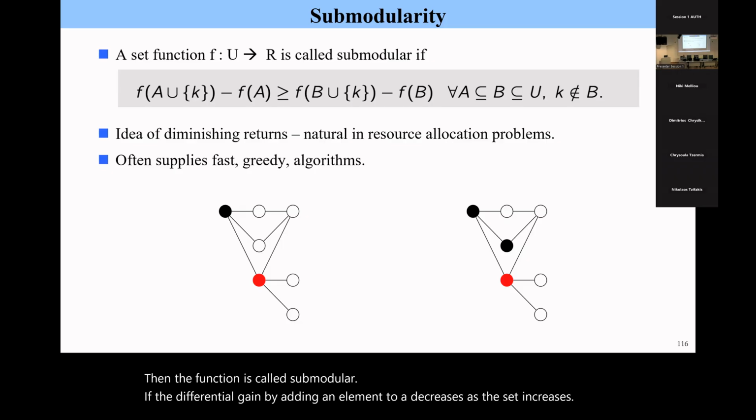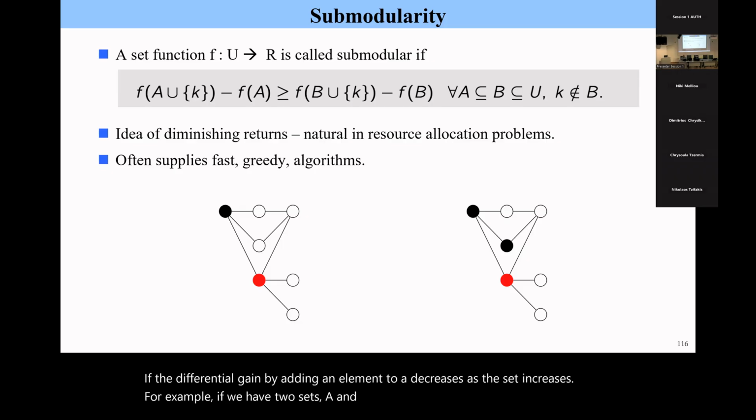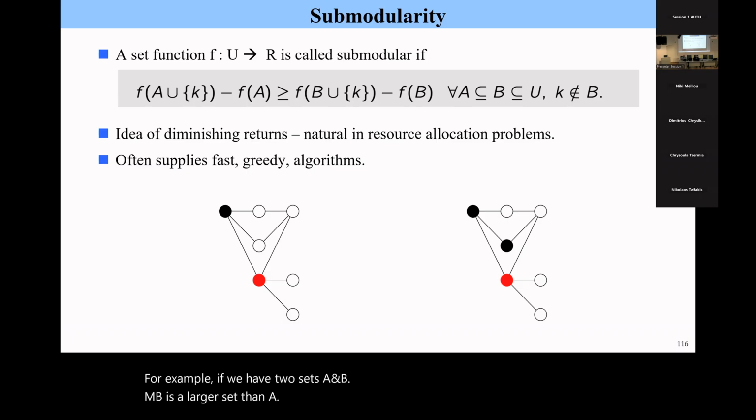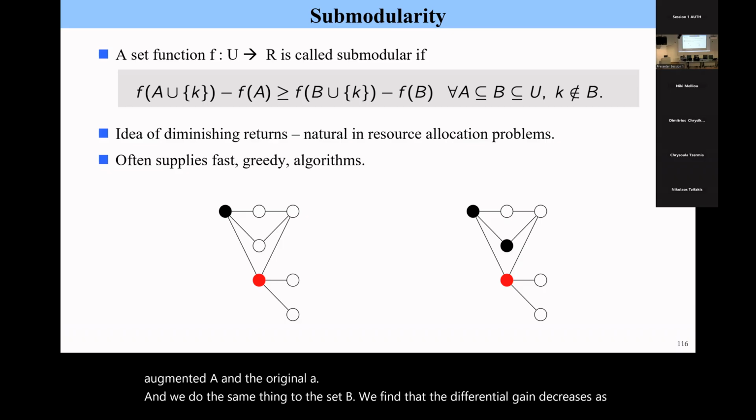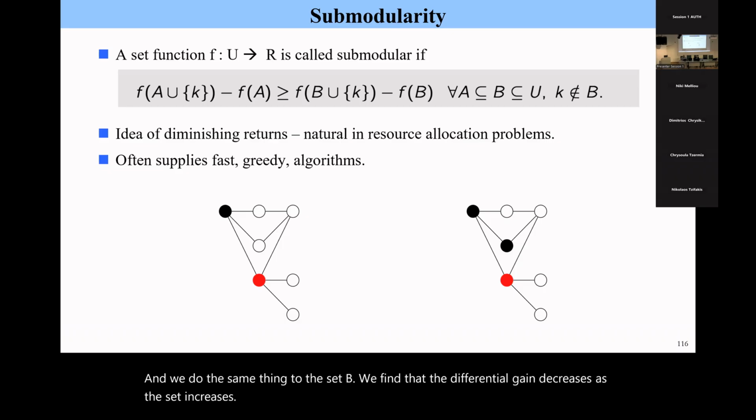For example, if B is a larger set than A, we add to A just one point, and form the difference between the value of f on the augmented A and on the original A. We do the same thing to the set B. And we find that the differential gain decreases as the set increases. Such functions are called submodular.